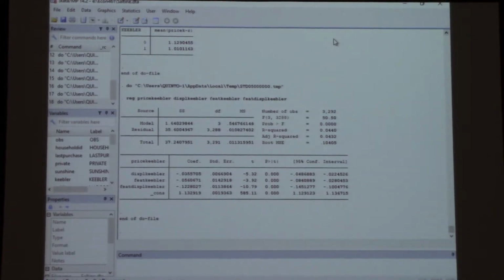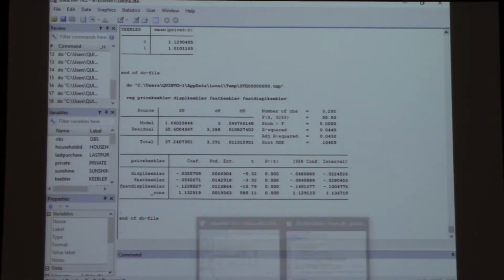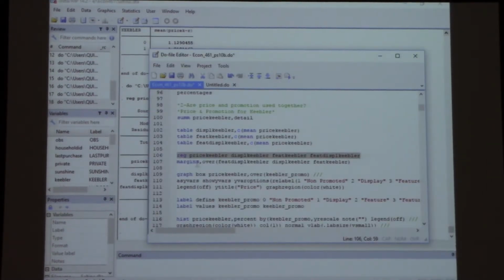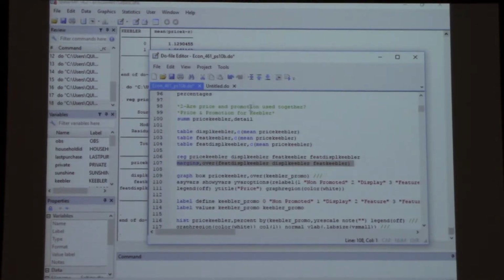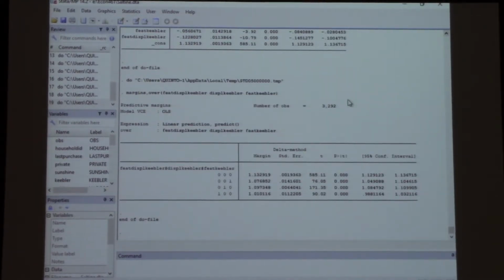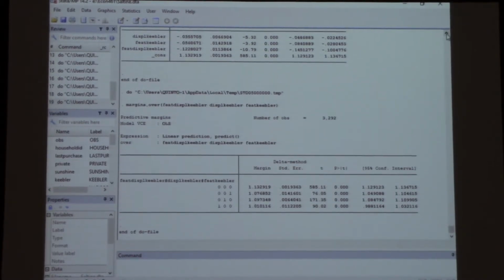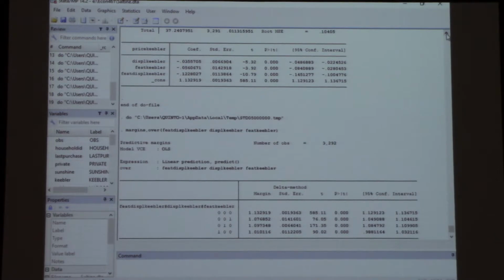We can get a table of those prices by just using our margins command over our promotional activities. And these values should be the same as the values above.